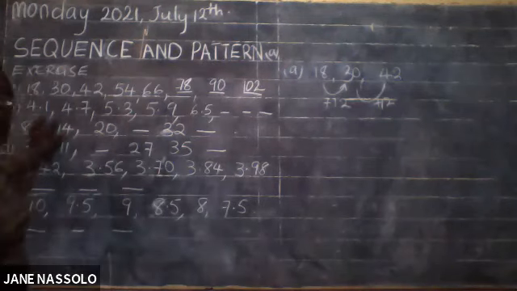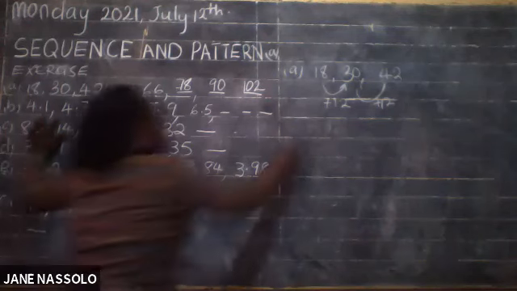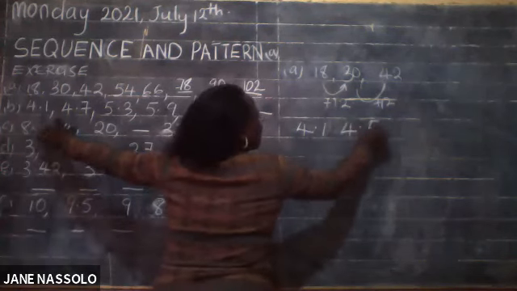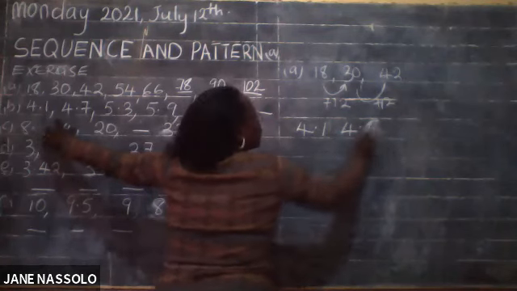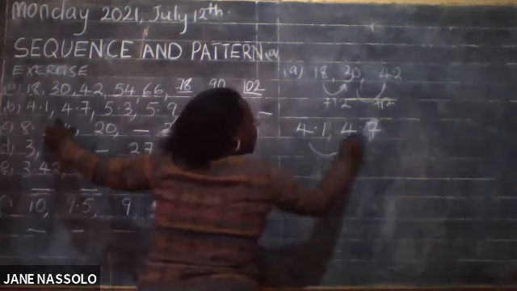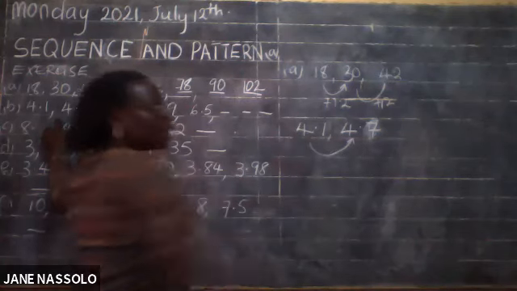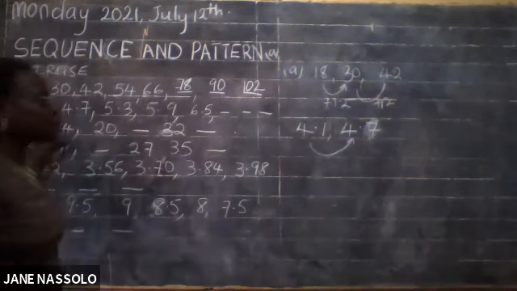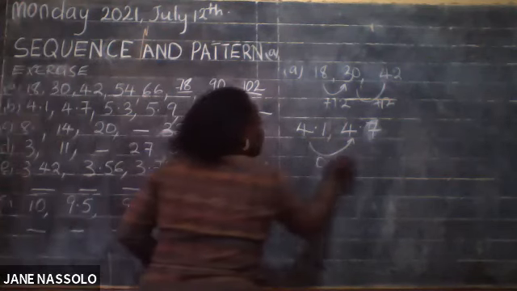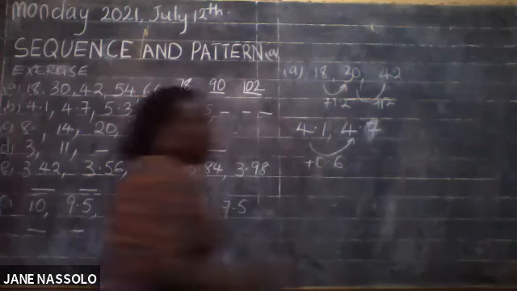Now, when you look at part B, we have 4.1. The next one is 4.7. So, what is the difference between 4.1 and 4.7? 0.6. Probably we have added 0.6.